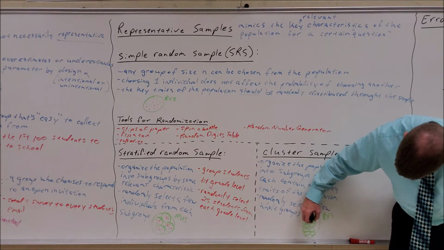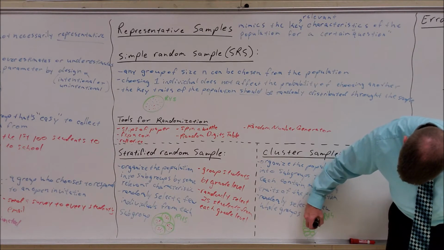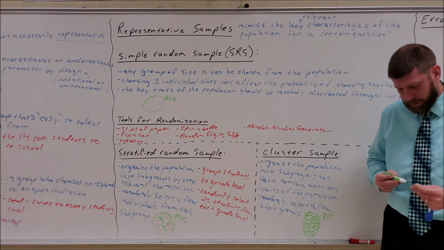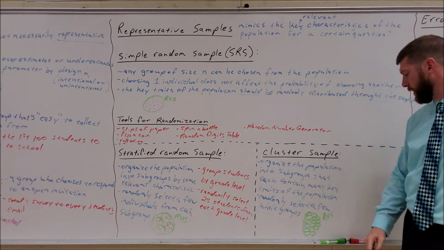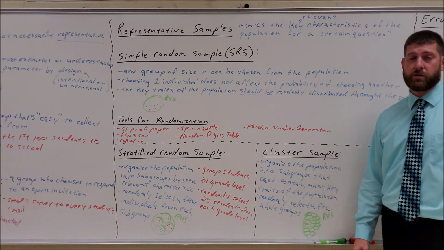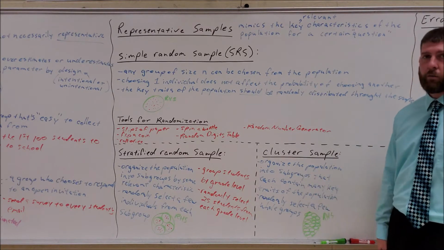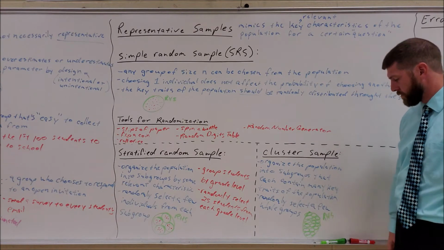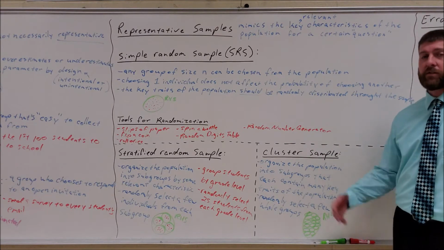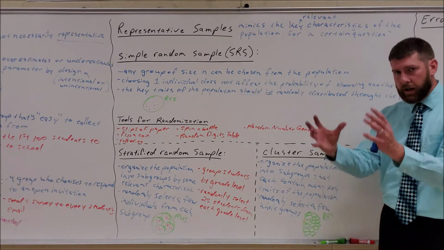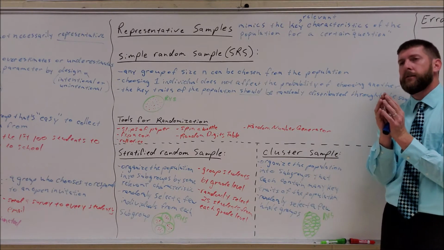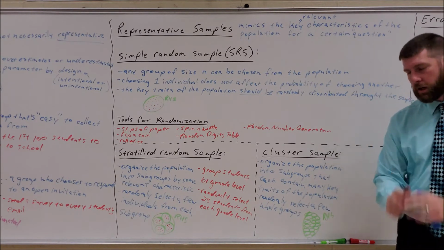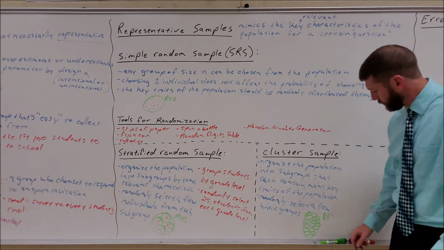So what if we just grab by first period teacher, right? Each first period should have a different mixture of students as far as gender. Maybe it has a different mixture of students as far as ability level, or whether you participate in different extracurriculars. A lot of first periods have different grade levels within them. So each one of those first periods could be considered a small little subpopulation of our greater population of Riverdale.